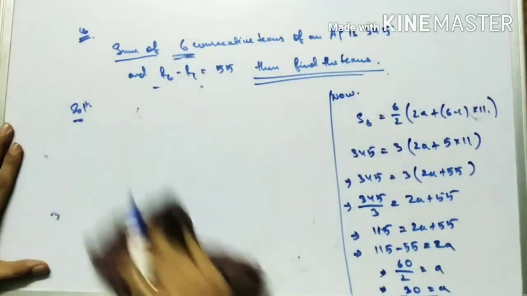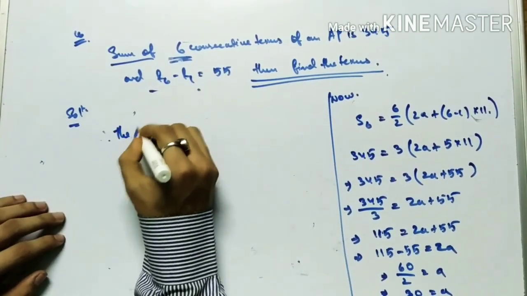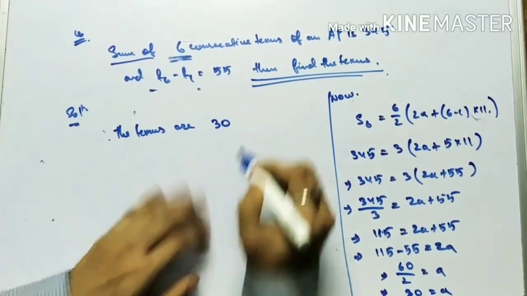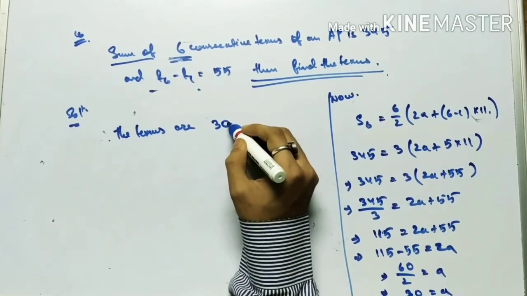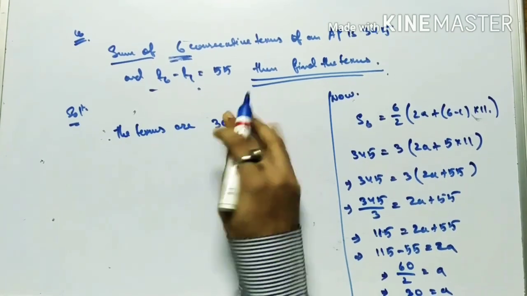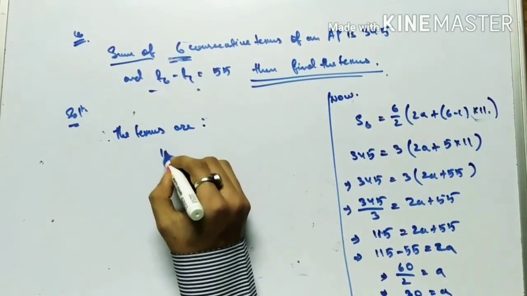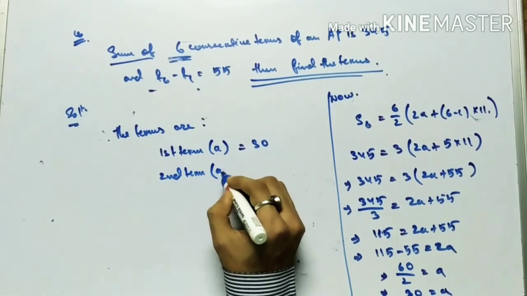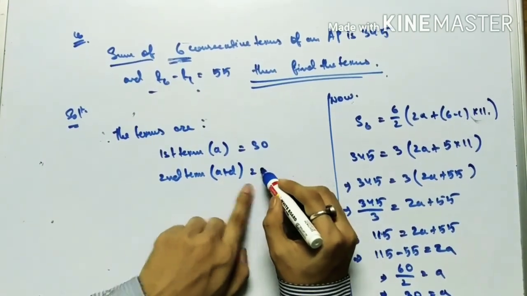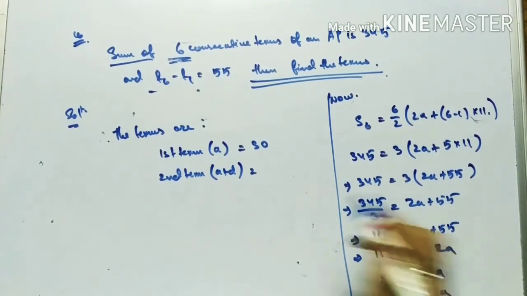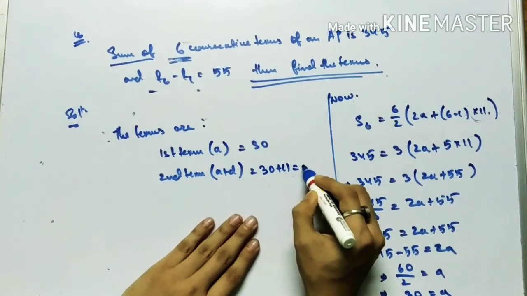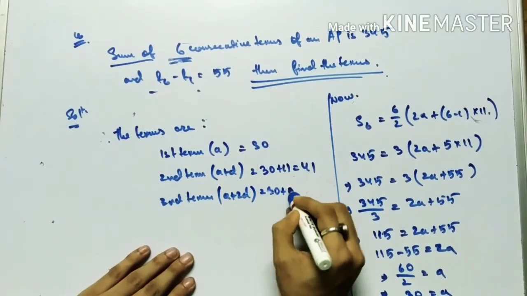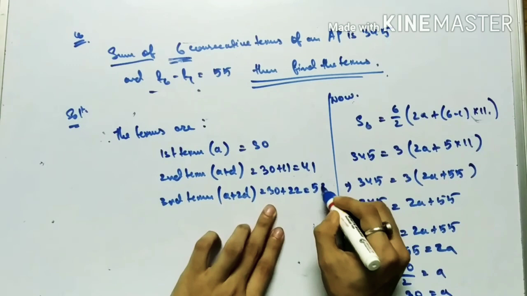Therefore the terms are, you write in this way: the first term A equals 30. The second term will be A plus D, so 30 plus the common difference 11 equals 41. The third term will be A plus twice D, so 30 plus 2 into 11, which is 22, gives 52.